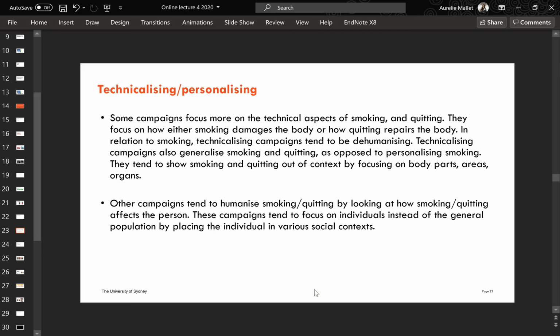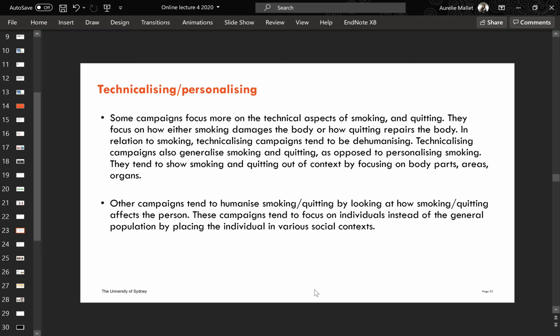It follows Ted through his quit journey, and it talks about how quitting has benefited him and his family. So looking at people as opposed to looking at body parts. It's the difference between this on the left and this on the right. This is more technicalising and this is more personalising.